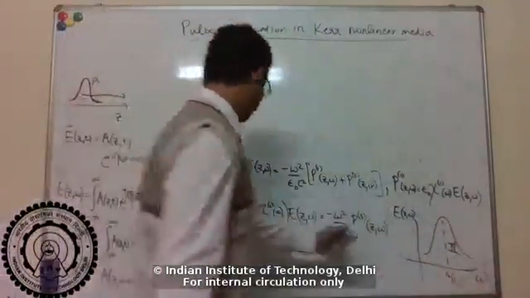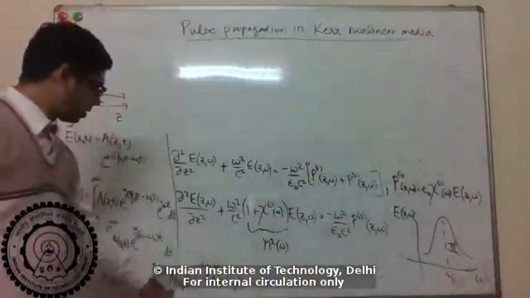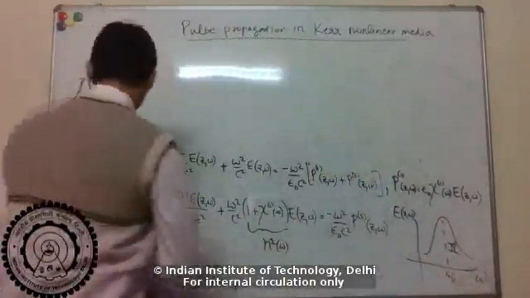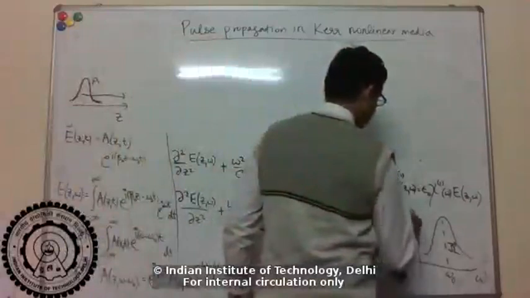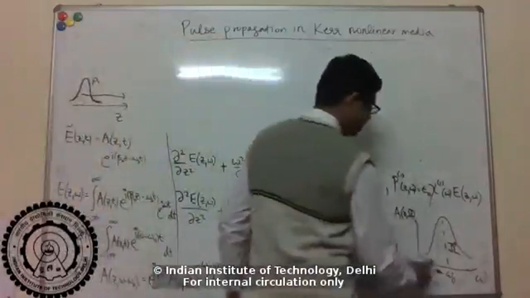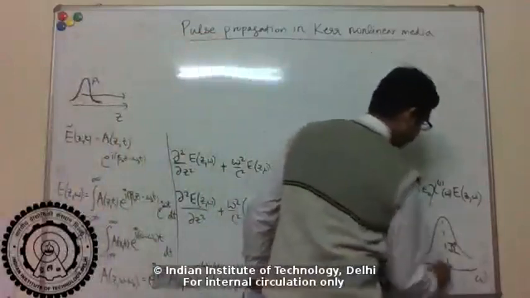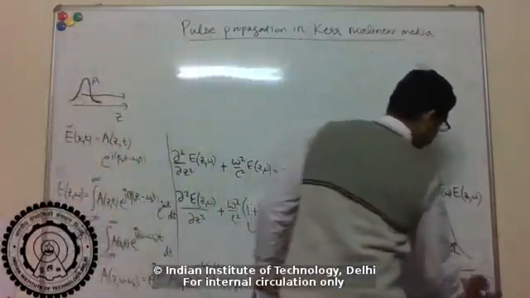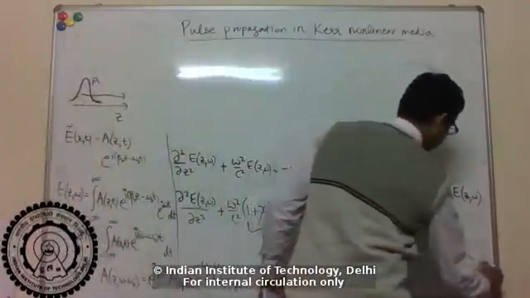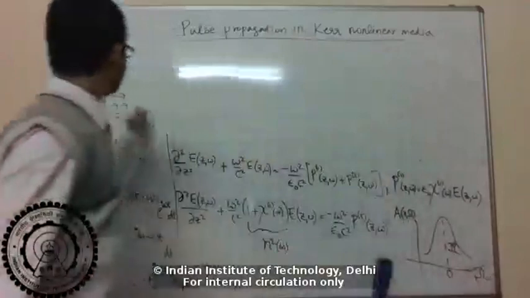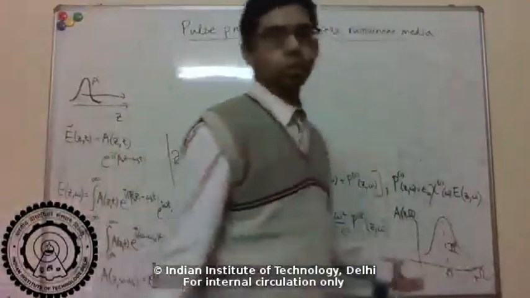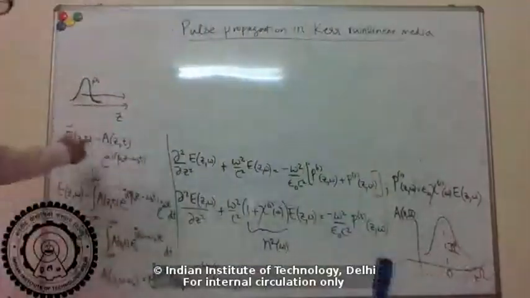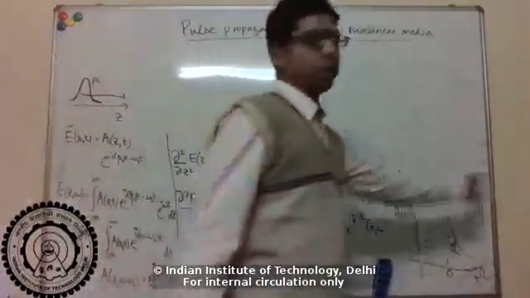Which is basically just a shifted version of the Fourier transform of A. So if I plot A z of omega in the detuning space, this will be centered at 0. Okay, so the Fourier transform of the envelope will give me a spectrum which is centered at 0, right? And when I multiply by the carrier, this spectrum gets shifted to omega naught.